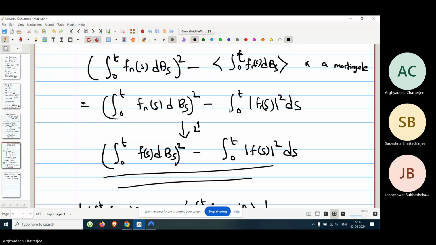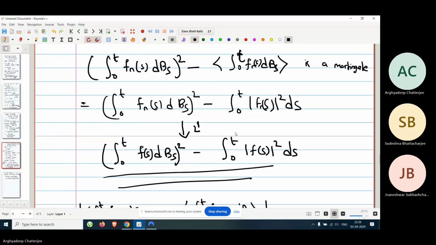Next time I do this, maybe I can give some motivation or heuristics regarding the Itô lemma, or why that thing is occurring.